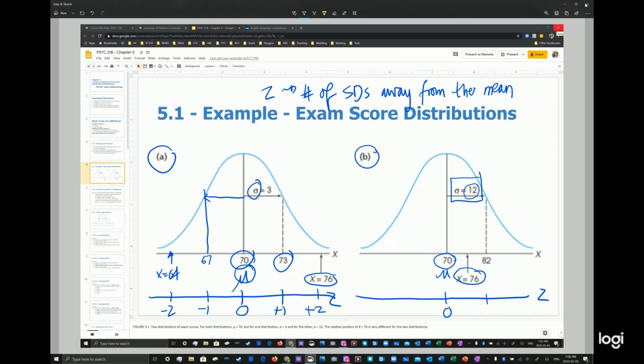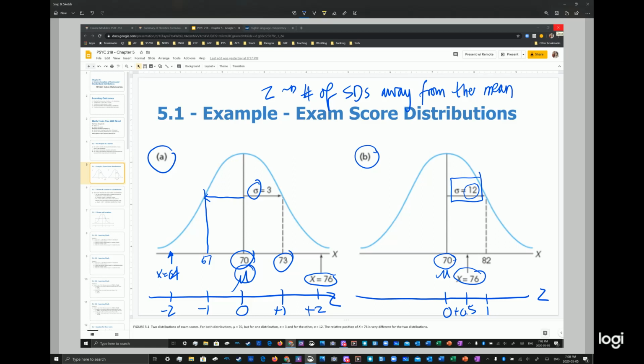One standard deviation away would be 82, because we have established in distribution B that the standard deviation for that distribution is 12. And so 76 is 6 points away from the mean. If one standard deviation is 12 points, what would the z-score be? If you're thinking 0.5 above the mean, you're right.